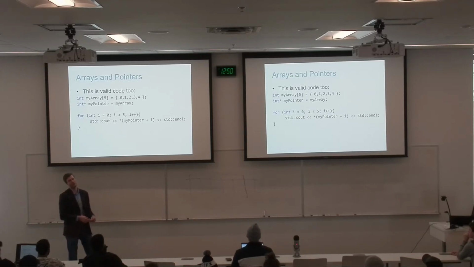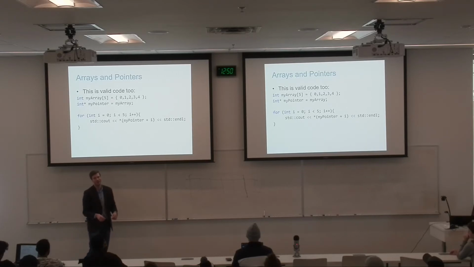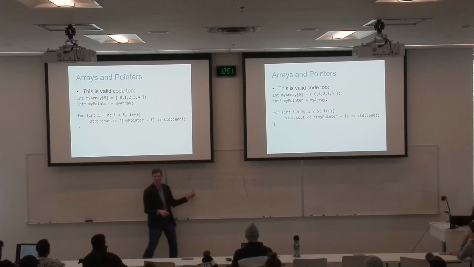What's 1000 plus 1 integer? 1004. For those of you in lab today, don't worry, you'll see. So 1004 will get me here. And then I dereference it, so I get what's inside of it.